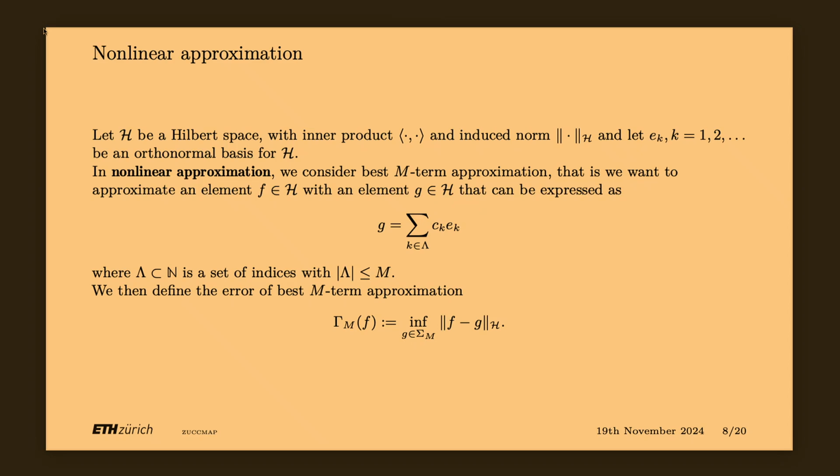So, consider a Hilbert space with its inner product and the induced norm, and consider an orthonormal basis of the Hilbert space. Maybe again, for those of you that are familiar with working with Hilbert spaces, just think of the Hilbert space as you already think of it.